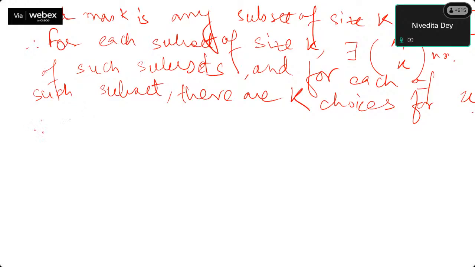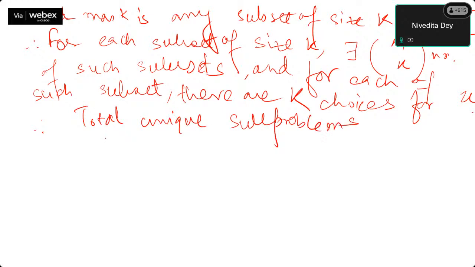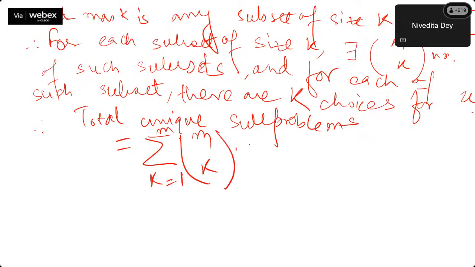In that case, the total number of unique subproblems will be sigma k equals to 1 to m, mCk times k.